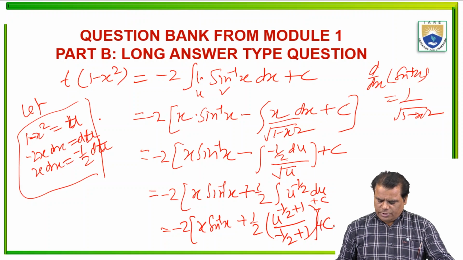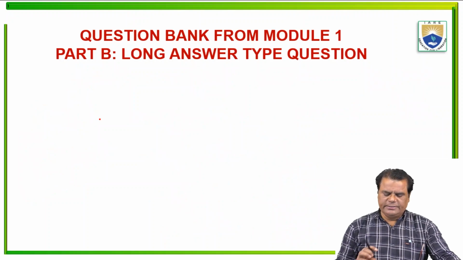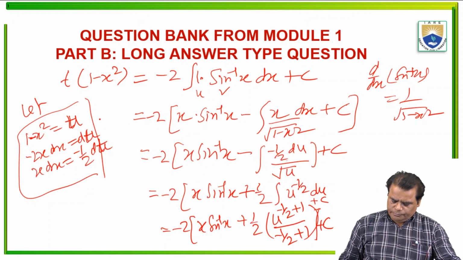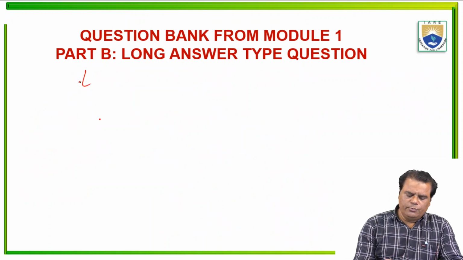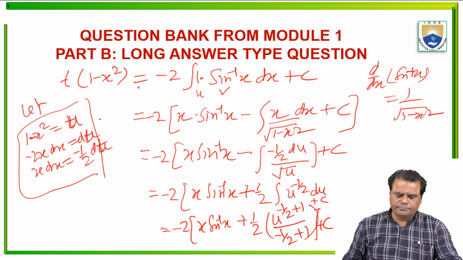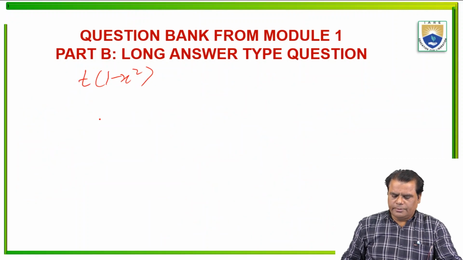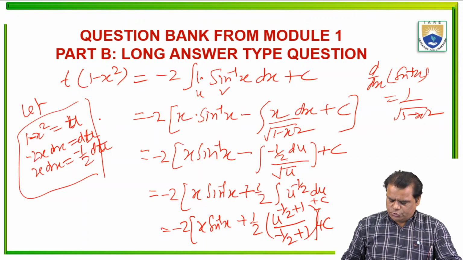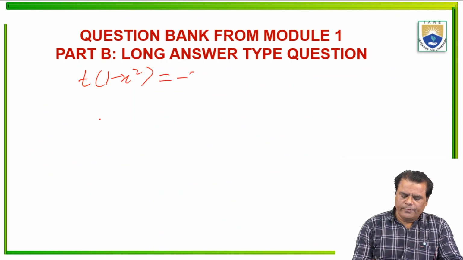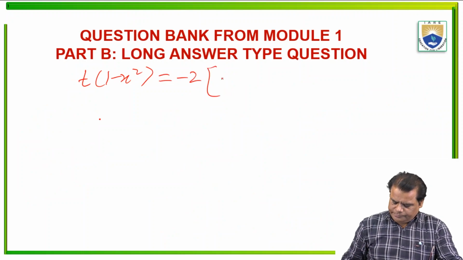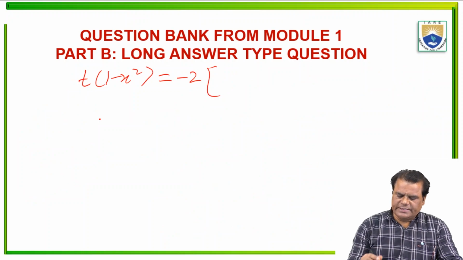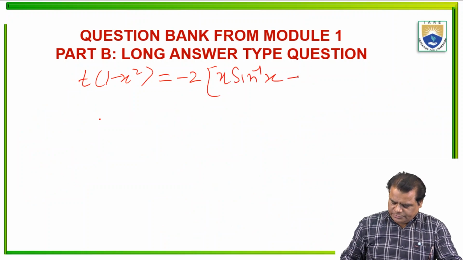Plus c. So now next here minus 2 t into 1 minus x square, and equal to minus 2 in bracket x sin inverse x minus plus 1 upon 2.